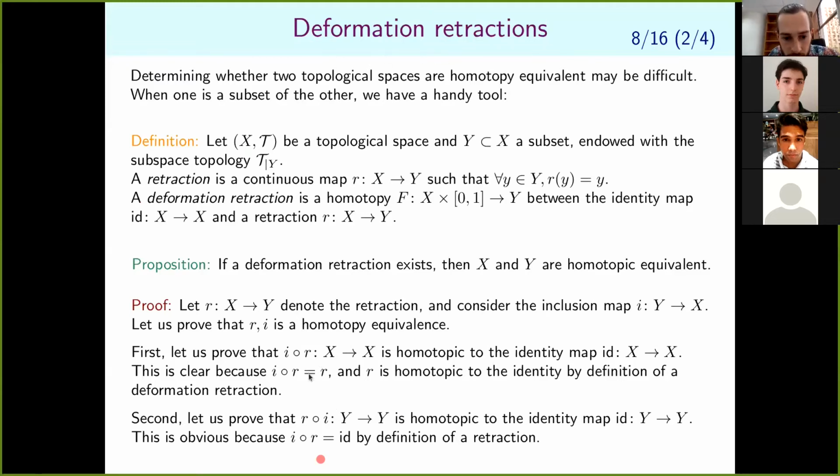Can you see when I draw here? Yes. Yes, nice. So you agree that R I, the composition R I, is the identity. Okay, nice.